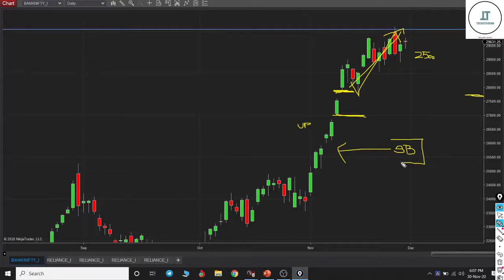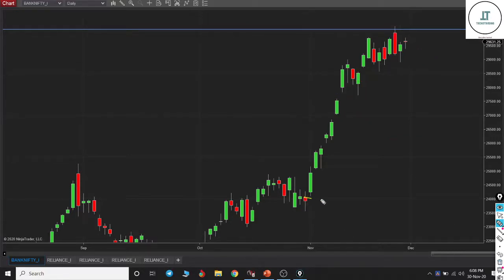Now you can have a question in your mind, why do we need to identify the trend? Let's take an example. As we know now, this was a super bullish uptrending stock, or in this case Bank Nifty, an index, so it is a strong uptrending index.